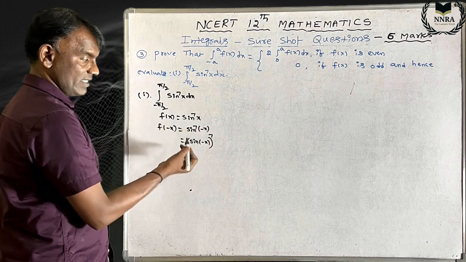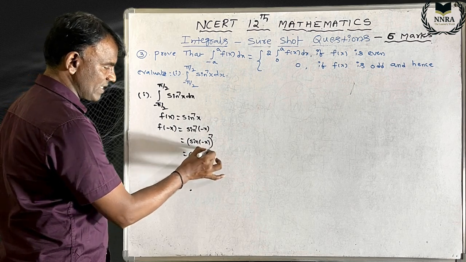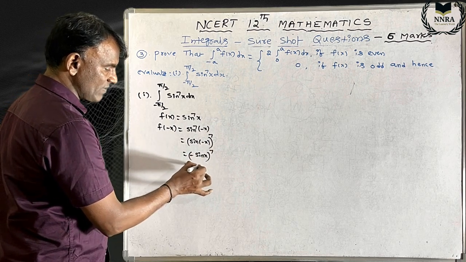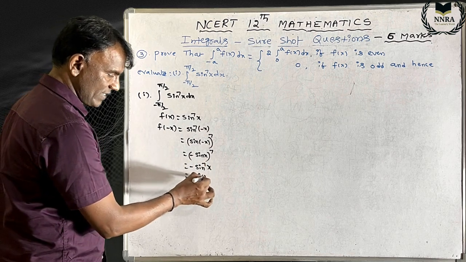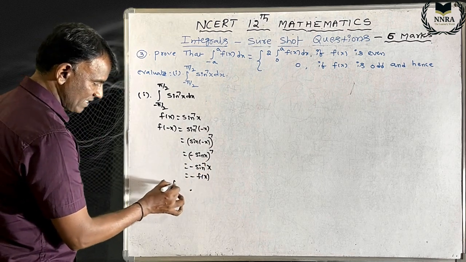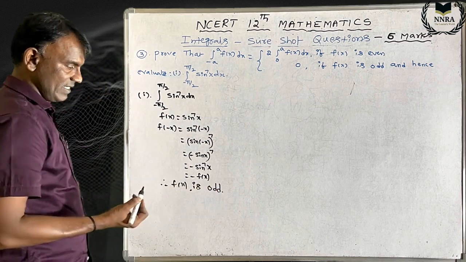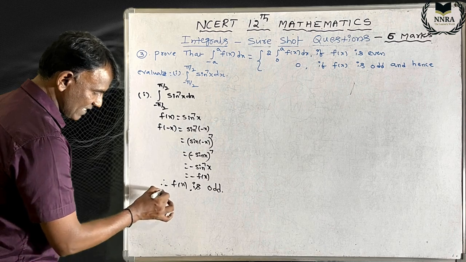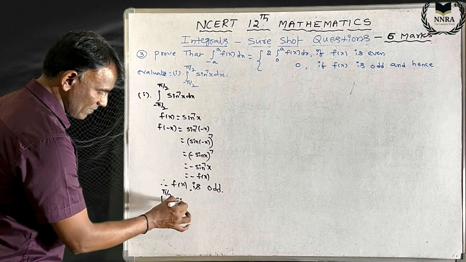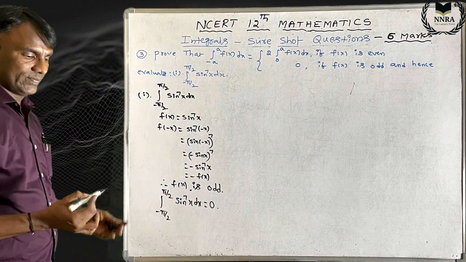Sin of minus x can be written as minus sin x, again whole power 7, so this is minus sin power 7x, that is minus f of x. Therefore f of x is an odd function. If it is an odd function, then the integral from minus pi by 2 to pi by 2 of sin power 7x dx is equal to 0.